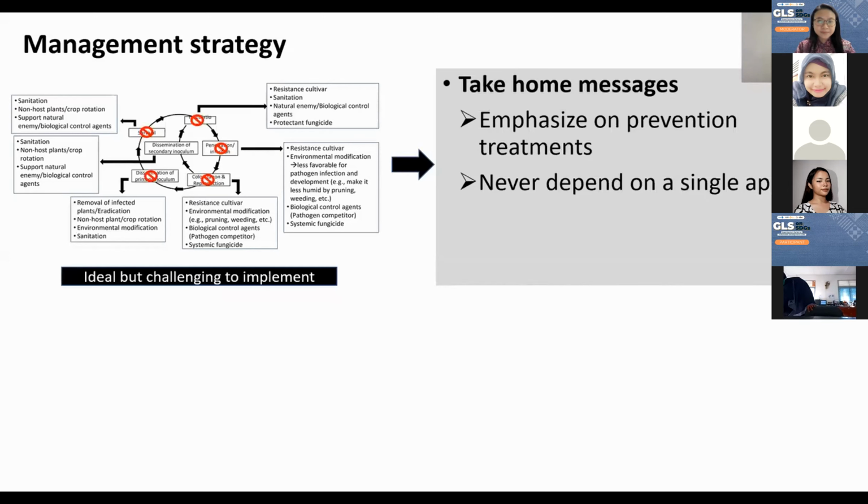And also, what I want you to take with you is never depend on a single approach. There is no superior approach. There is no perfect approach to control disease.